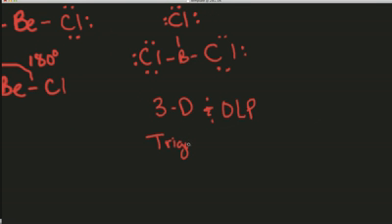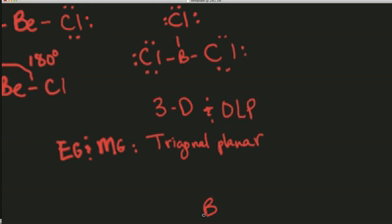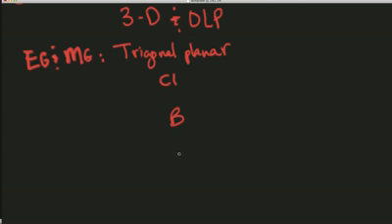You write trigonal planar for both MG and EG, and it would look like this, where the bond angle is 120 degrees.